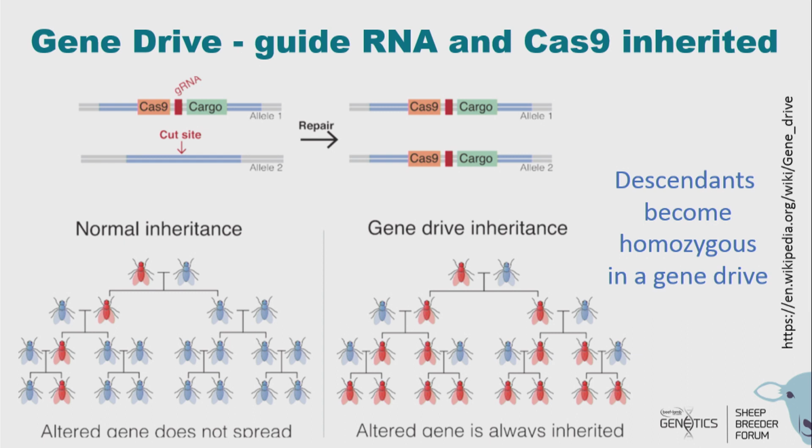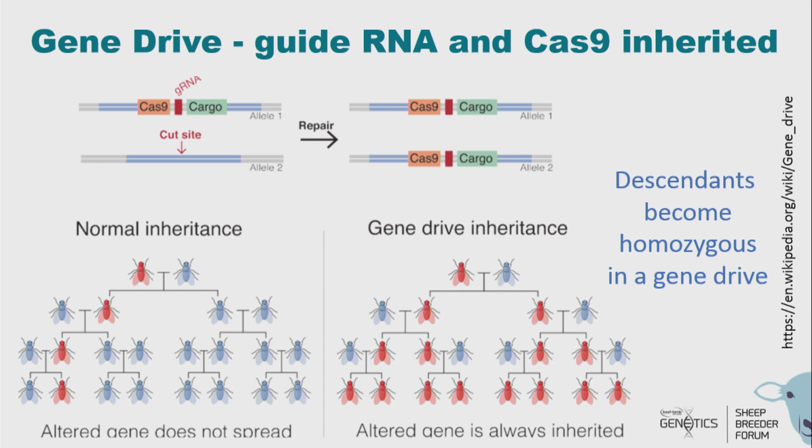On the left there, I show you some normal inheritance where there's a red fly, which is heterozygous, and it has some offspring which inherit the red allele and some inherit the blue allele, and on it transmits down through subsequent generations.